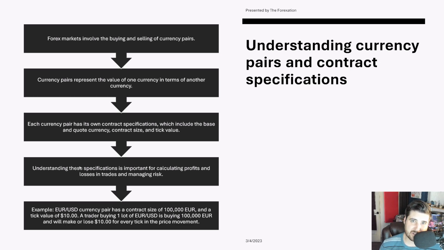Most people stick with the euro dollar or GBP/JPY. Those are usually the main two you're going to see most traders trading. And for the example at the bottom, the euro dollar has a standard contract size of 100,000, which is a standard lot. So if you were to buy one contract, every little tick is going to be plus or minus $10.